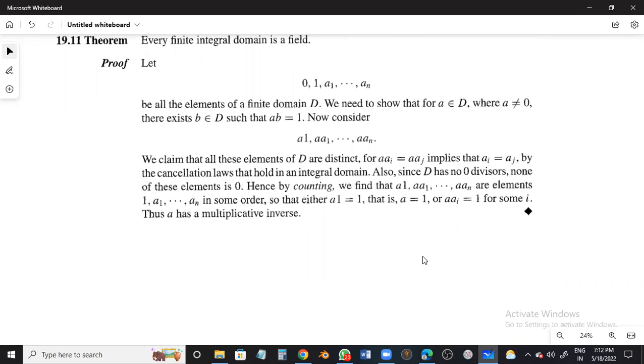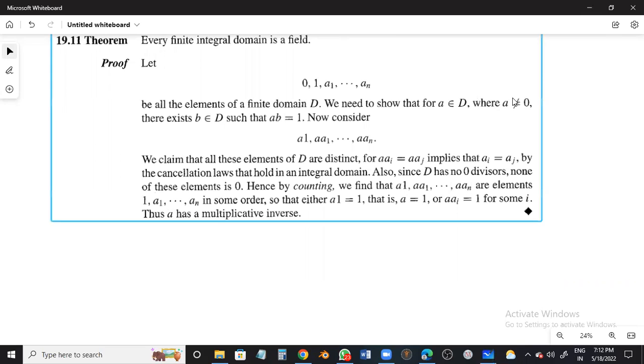Now, because I want it to be non-zero, very separately here you can see 0 is mentioned. 0 is the additive identity, as you know. 1 is the multiplicative identity, and more elements are taken. They are numbered 1, 2, 3 up to n. So in all, I hope all of you are watching, there are n plus 2 elements given. Do you observe?